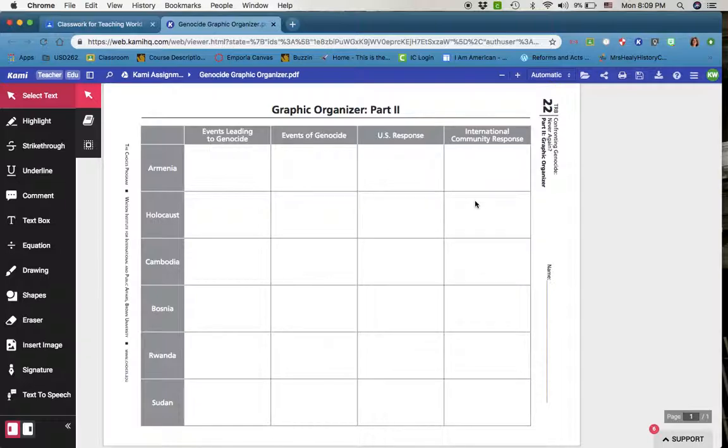Now, this does not have to be turned in, but your part has to be researched and done because tomorrow I'm going to expect you to know that information over your assigned genocide because we're going to move on to the project. Now, since there's only 4 things for you guys to answer, I don't anticipate this taking the entire time.